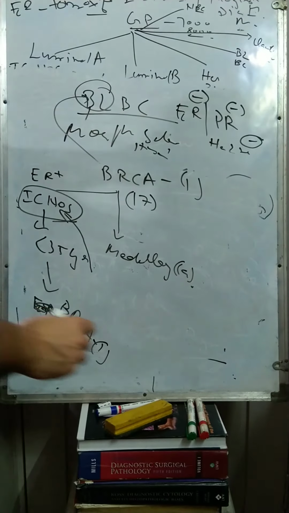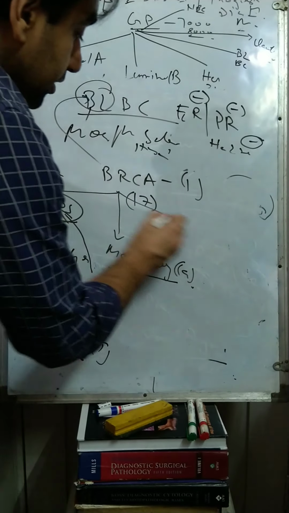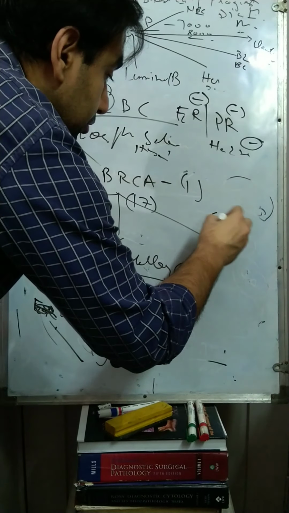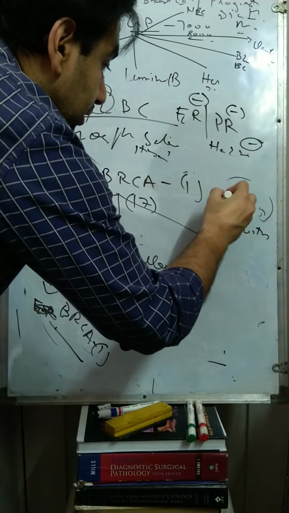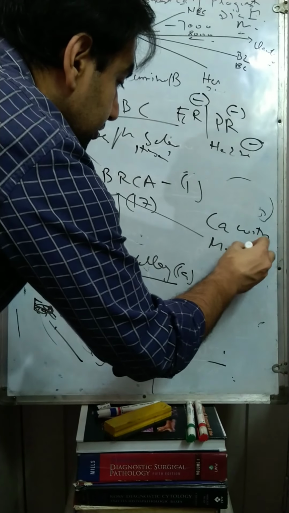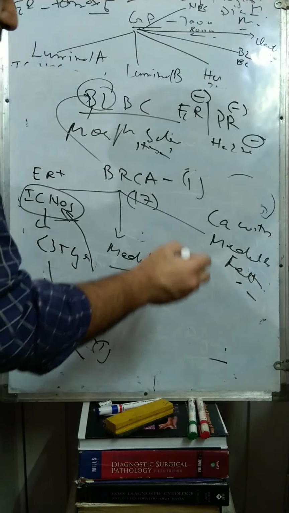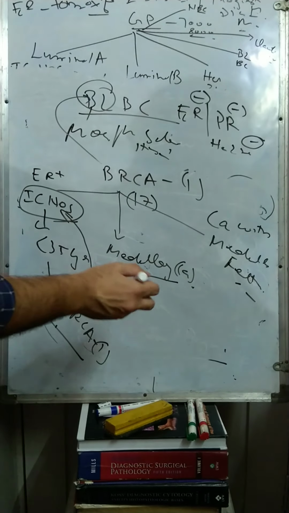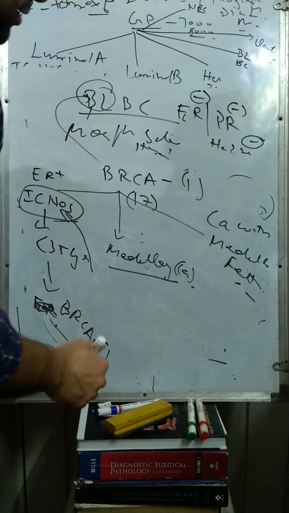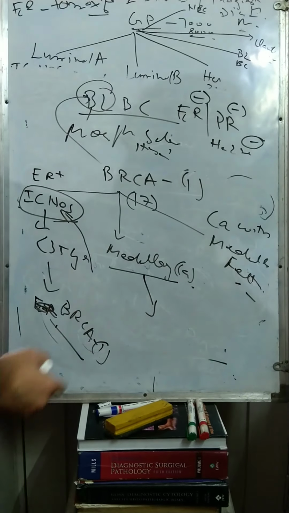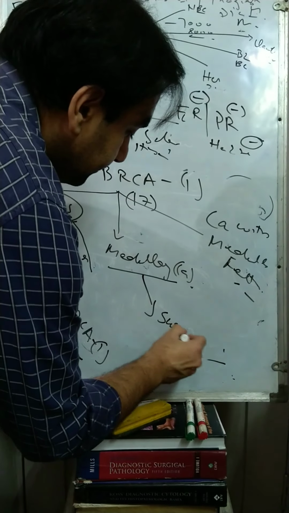Now another topic I want to touch on: medullary carcinoma is not synonymous with carcinoma with medullary features. Why is this important? Because therapy-wise, if you label the patient as classical medullary carcinoma, the surgeon or the oncologist will do only surgery.